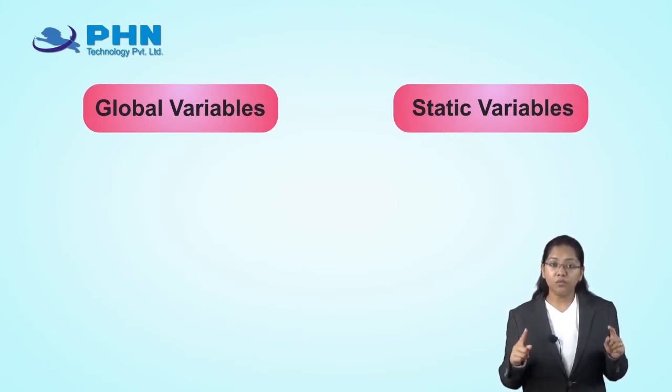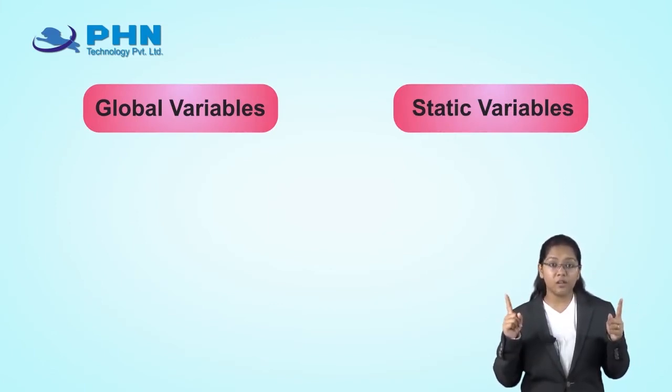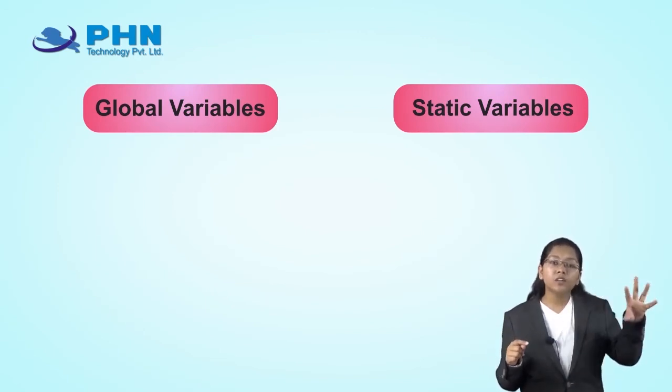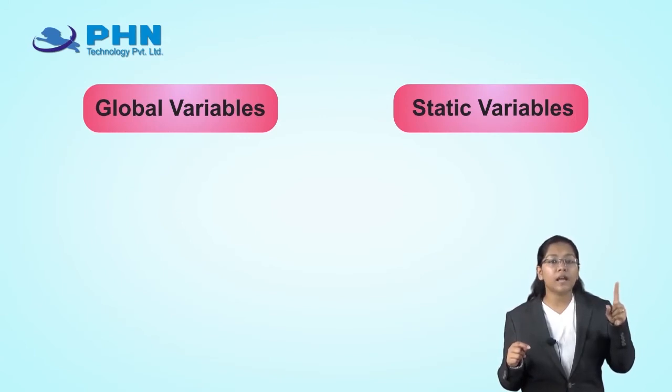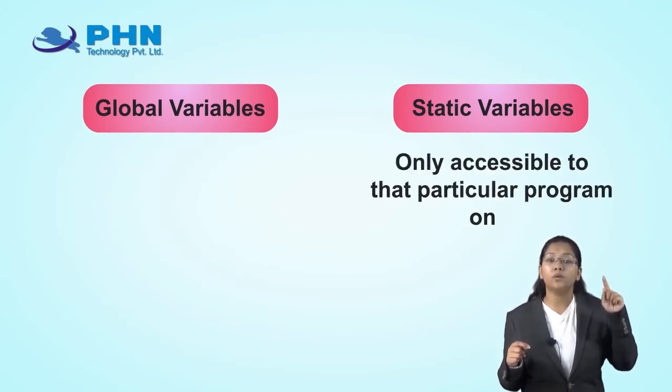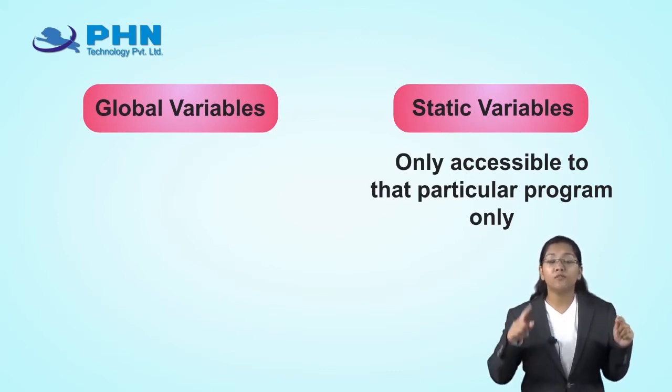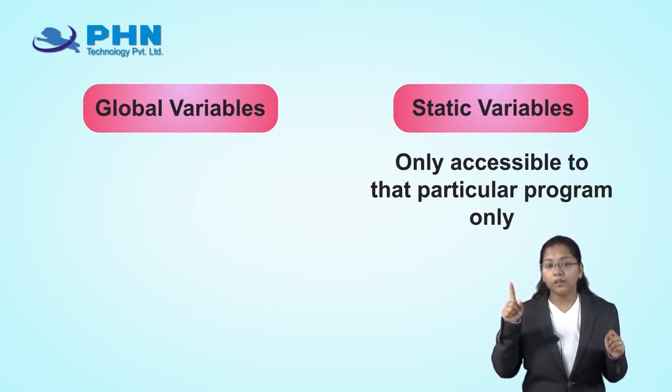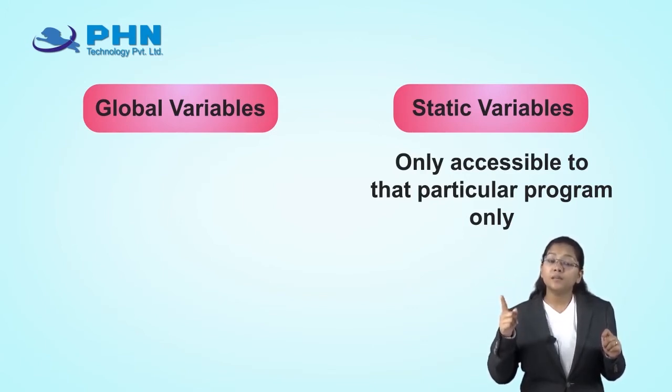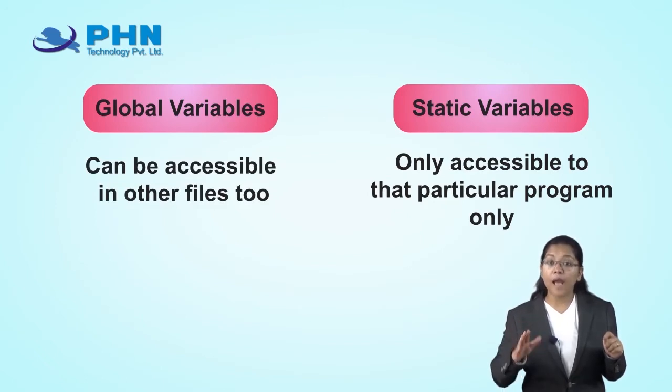Now we know that these two variables can be accessed in the complete program. But the main difference between these two keywords is that a static variable is only and only accessible in the particular program where it is declared, whereas the global variable can be accessed in that particular program as well as in other files too.